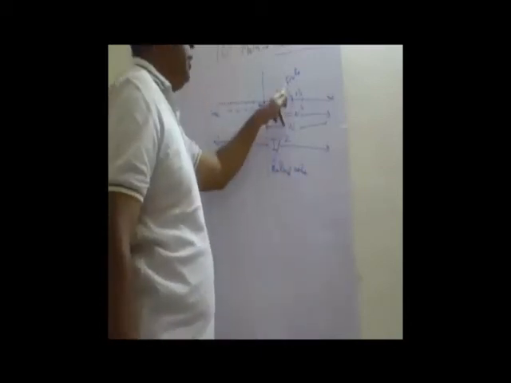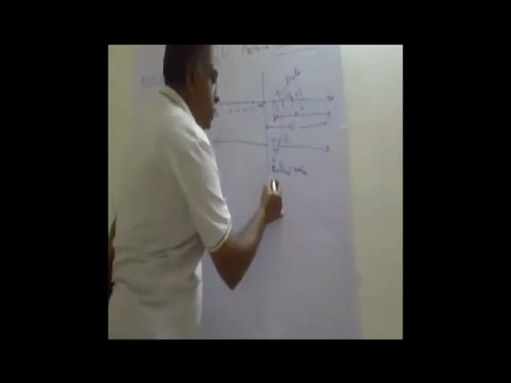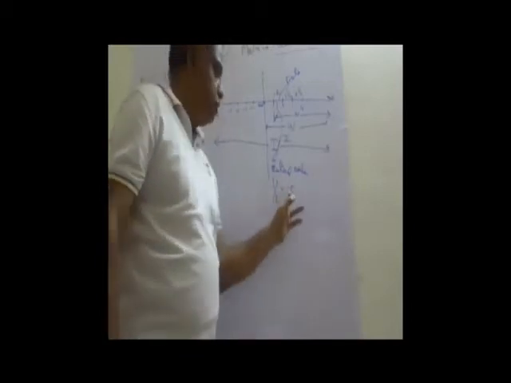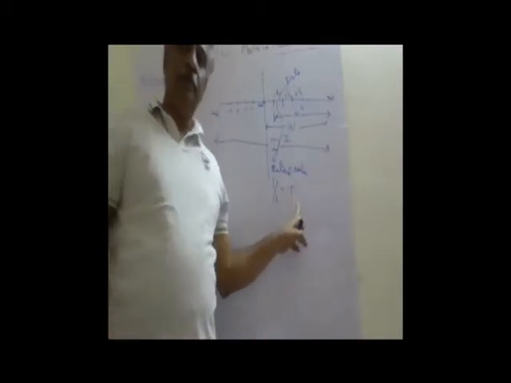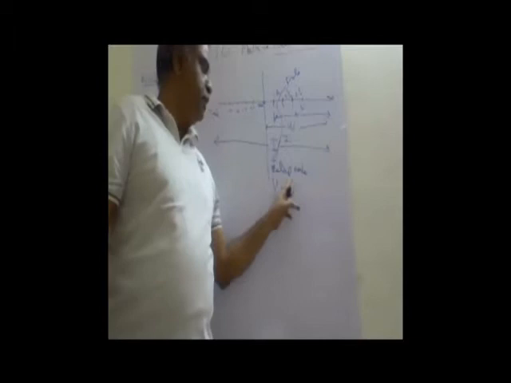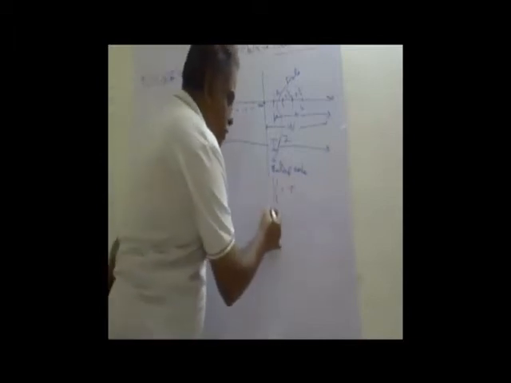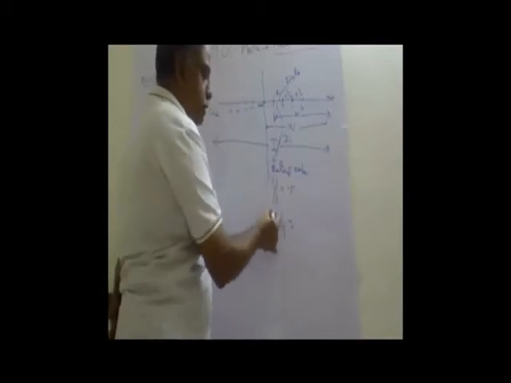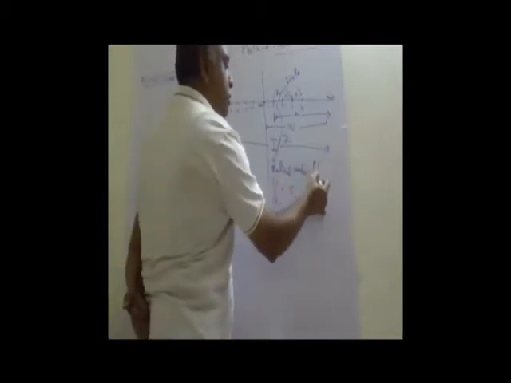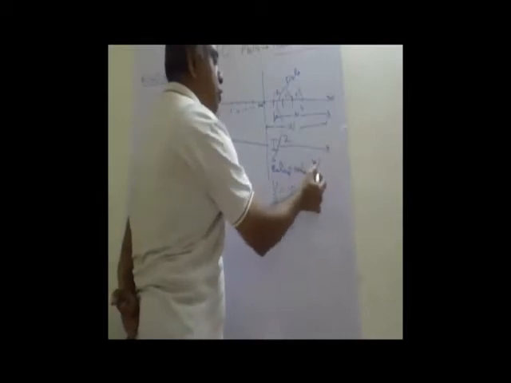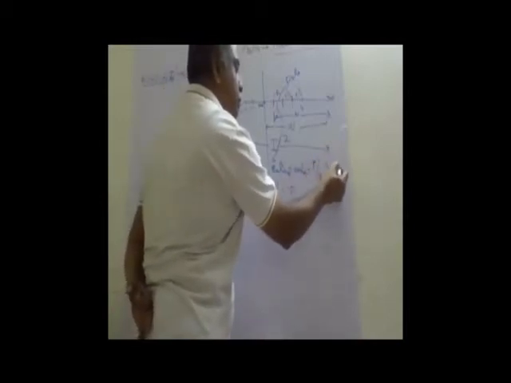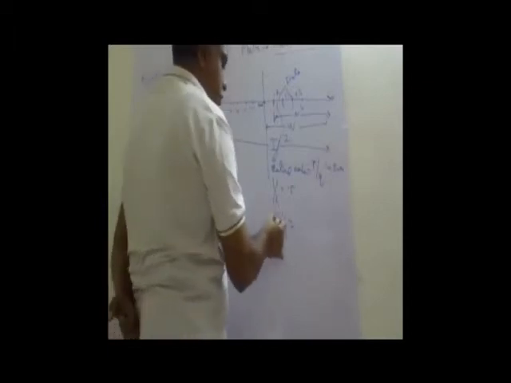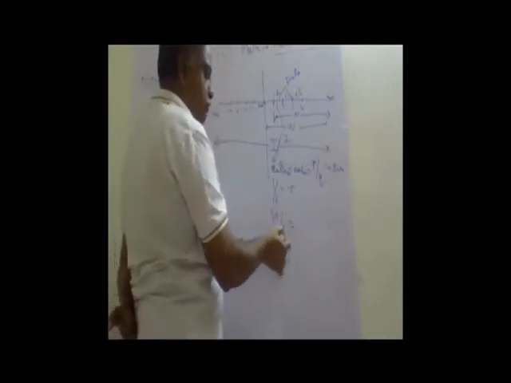In rational numbers, for example, 1 by 2 is equal to 0.5. The decimal is terminating, so that is a terminating decimal rational number. If you see another one, 10 by 3 is also a rational number. A rational number is in the form of p by q, where both are co-prime. 10 by 3 is co-prime, there is no common factor between them.